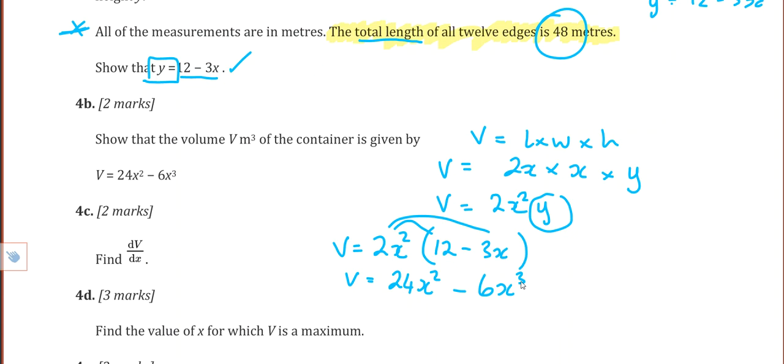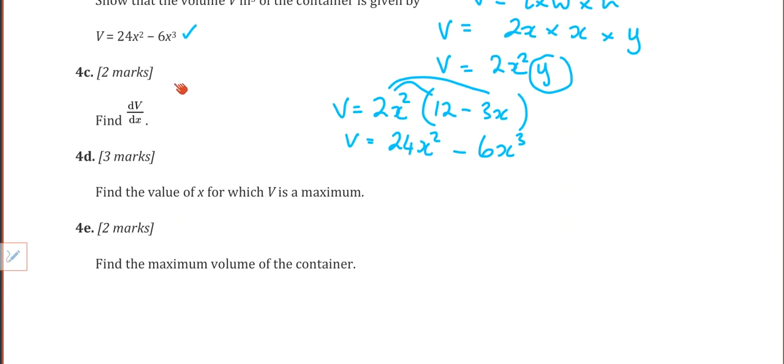So, the next phase is find dv dx. So we've done that. dv dx.